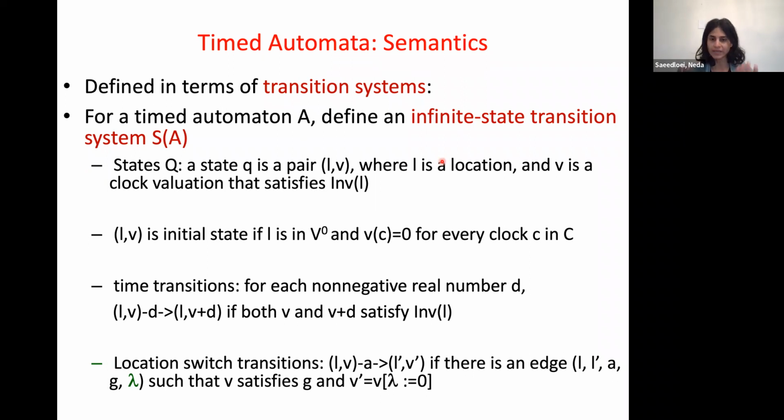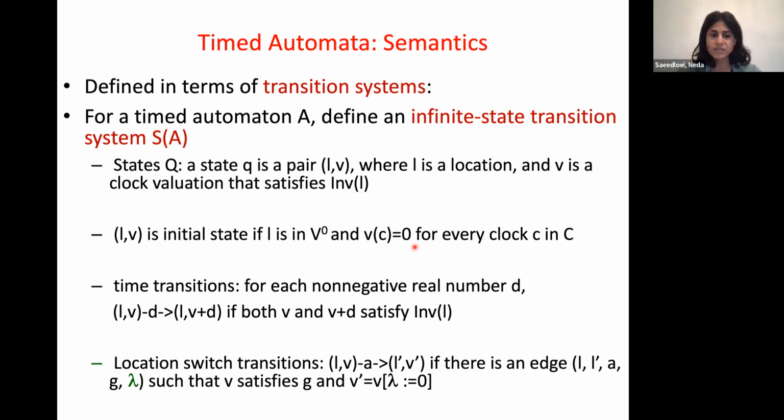Essentially, it collects all the information about all the clocks at any point in time, plus the current location of the automaton. And then we have the initial states. LV is an initial state if L is my initial location and all the clocks are initially mapped to 0.